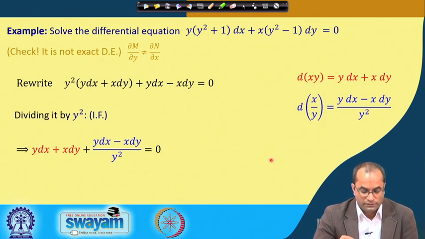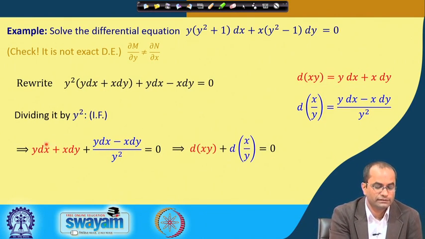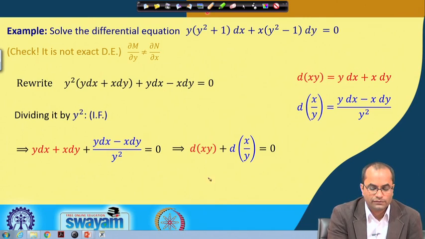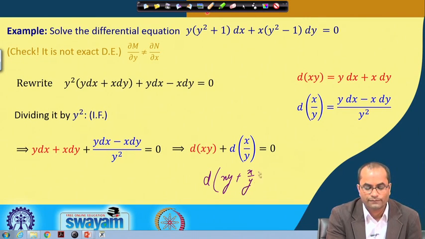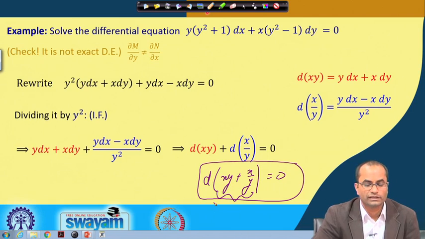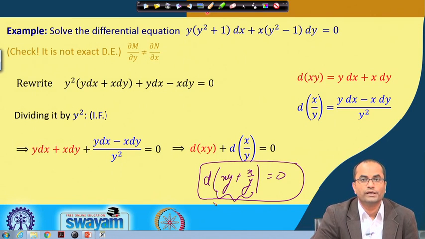Once we know this, we can just rewrite it as the differential of xy plus the differential of x over y, meaning we have the differential of xy plus x over y equal to 0. So, we have this function f whose differential is now the given differential equation.